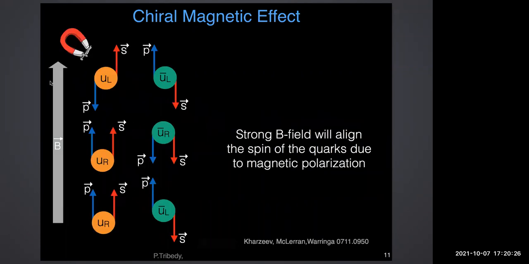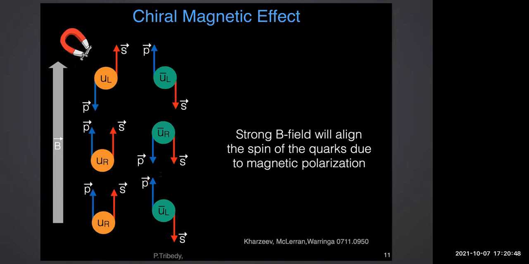As soon as the magnetic field is there, they align their spins. But remember, the quarks get aligned along the B field, and the anti-quarks will get aligned anti-parallel to the magnetic field. It's just because of the magnetic moment.